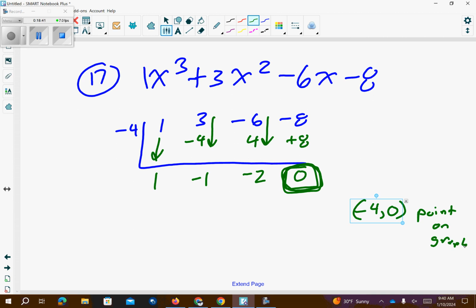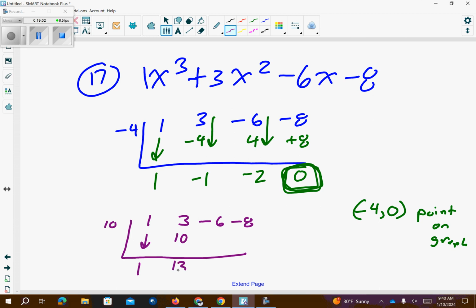Now, some people thought back in the day, let's just pick an arbitrary number. Let's pick 10 and do synthetic division with our 10 of just our original. Now, I know 10 doesn't work because it didn't work on our graph, but let's just show what this shows. 1 times 10 is 10. That's going to give me 13. 13 times 10 is 130.